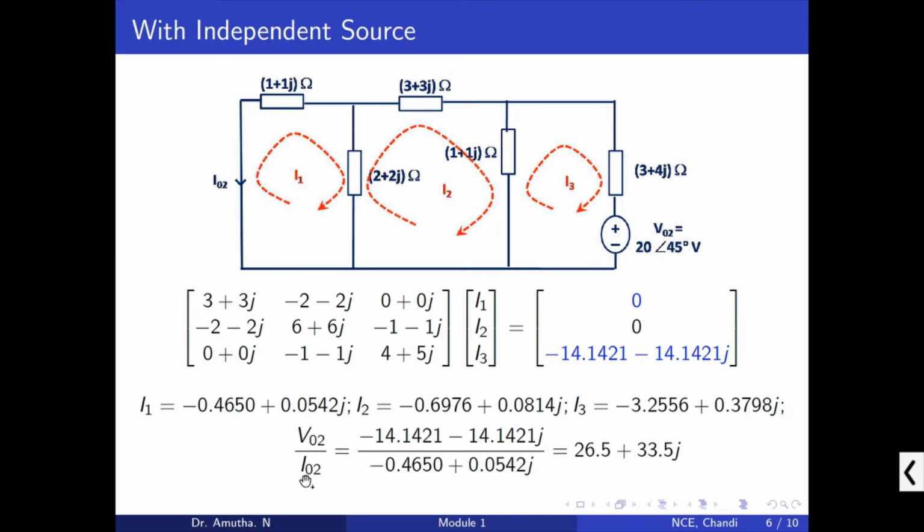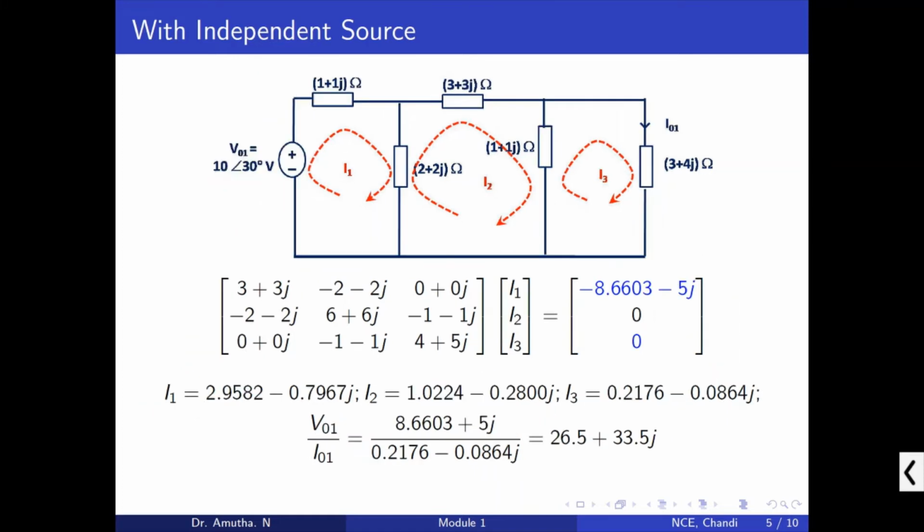V02 divided by I02. We can observe that the current is a negative value, right? Negative of this one. Okay. So we got the same value as 26.5 plus 33.5j ohms. Here also ohms, right? So it is the same as earlier. So we have verified the reciprocity theorem.